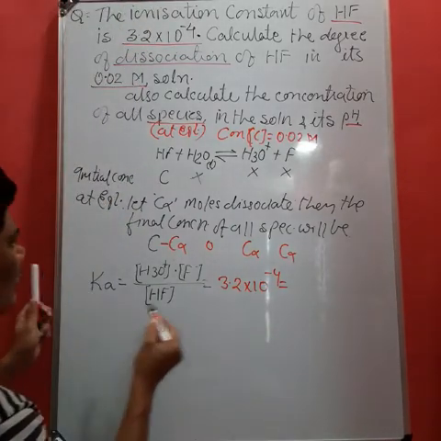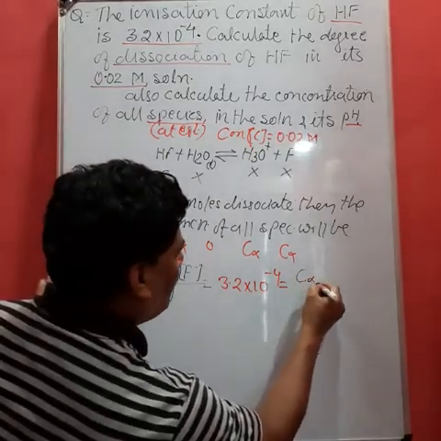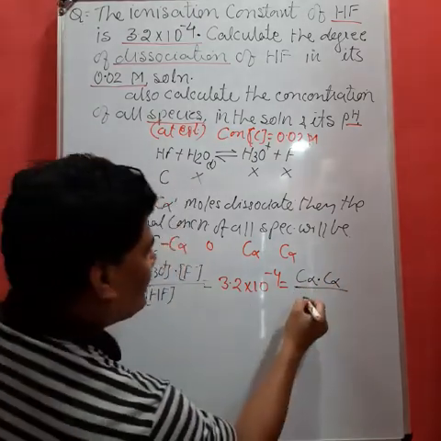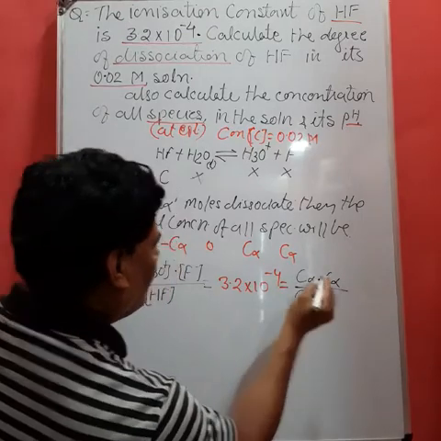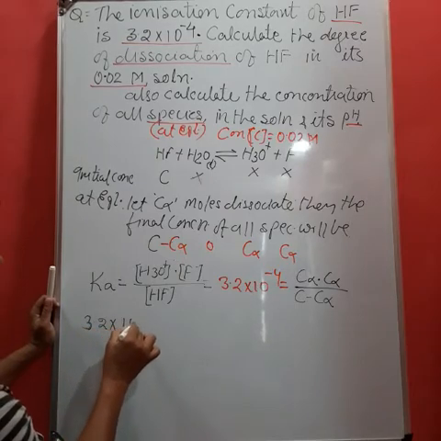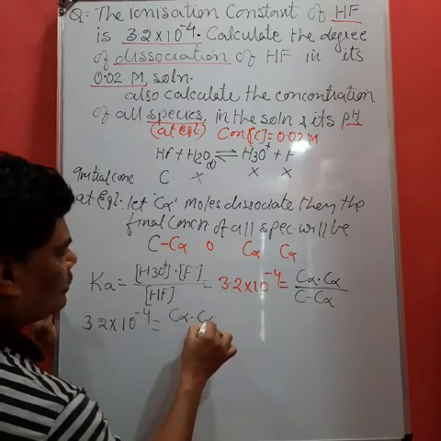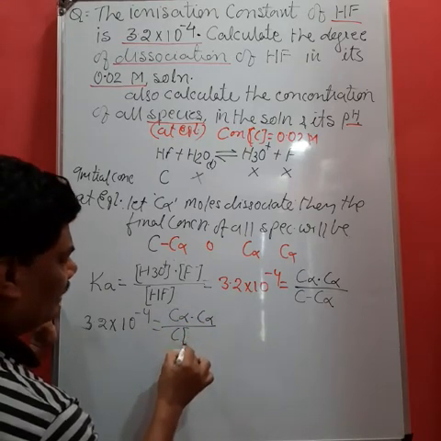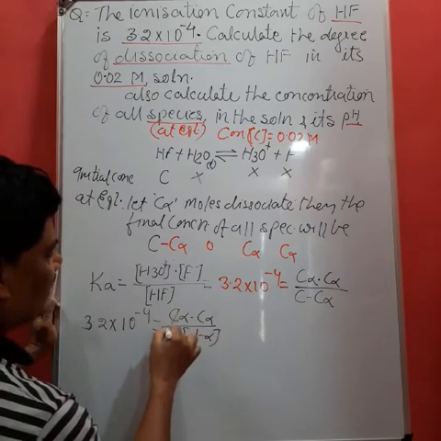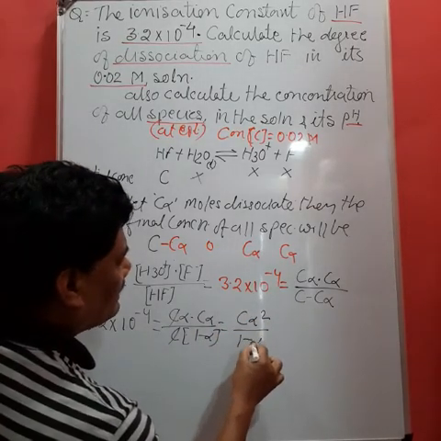Start placing the values. The H3O cation concentration is C alpha multiplied by C alpha, divided by C minus C alpha. So 3.2 × 10^-4 is equal to C alpha times C alpha upon C into 1 minus alpha. C cancels, therefore we can write C alpha square upon 1 minus alpha.